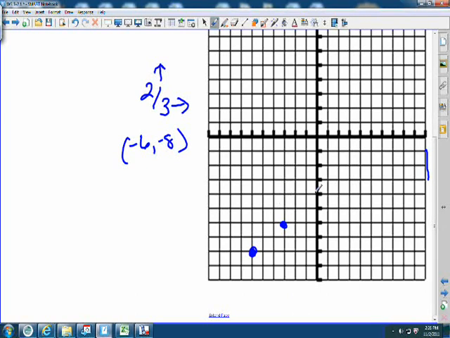Up 2 to the left 3. Ah, there we go. Put a dot. Now I can draw my line, but the information that I need is my y-intercept, which is right here, which is 0, negative 4. So my equation is y equals 2/3 x minus 4.